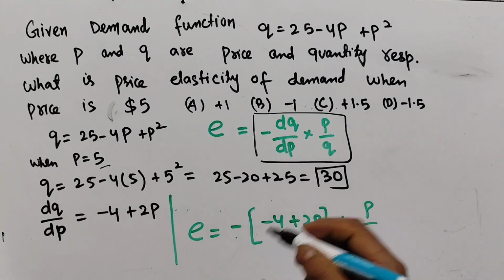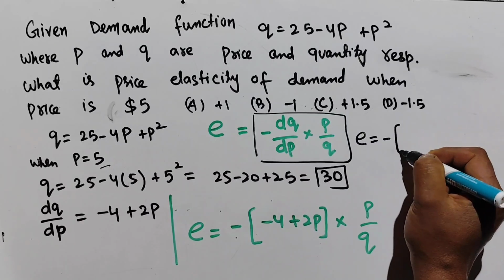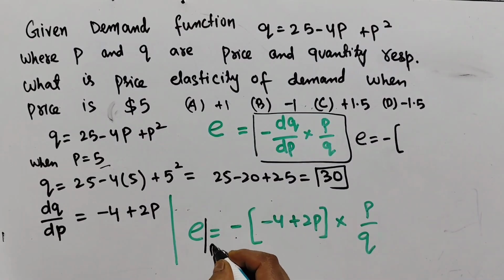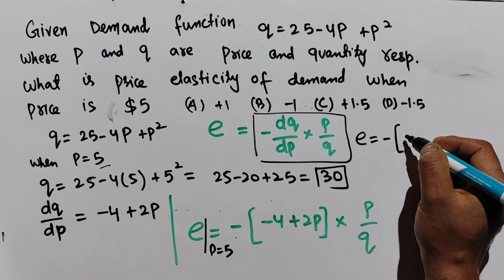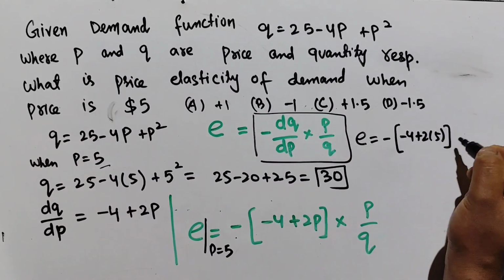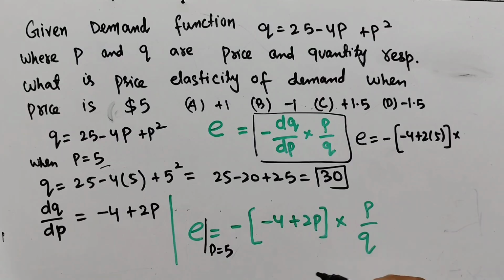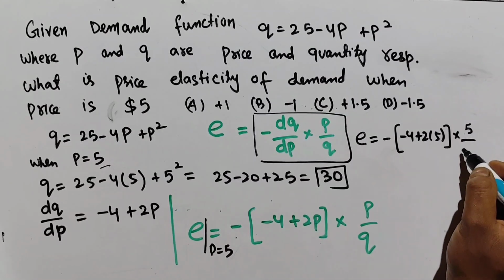Okay, now let's give the values. So elasticity will be equal to minus, when p is equal to 5, give the value of p is equal to 5 and q is equal to 30 in this equation. So we'll get minus 4 plus 2 into 5 times p upon q, which is 5 upon 30.